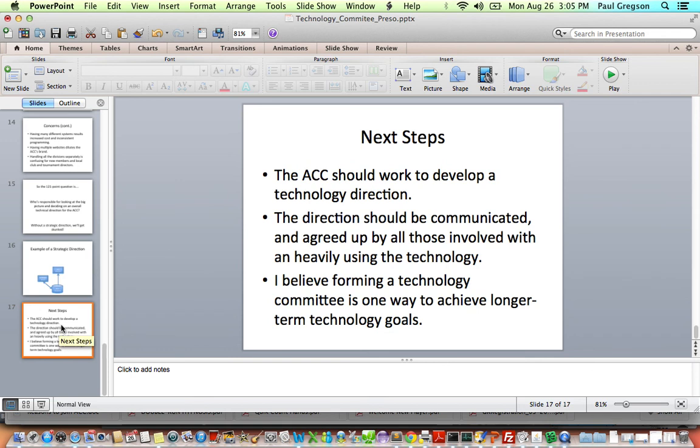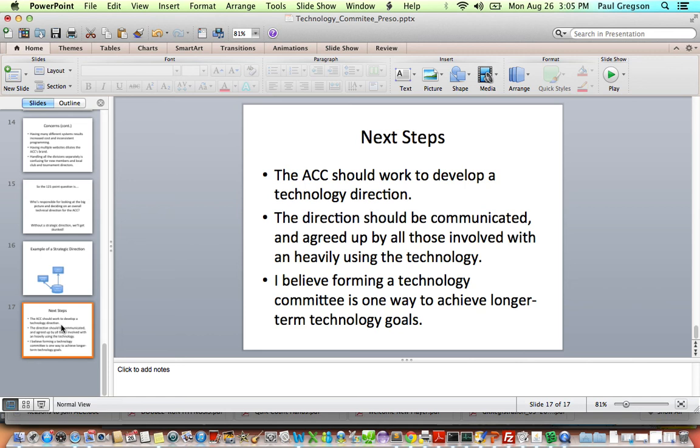a next step is working towards developing what that direction should actually be, and that direction should be communicated, made clear, and agreed upon by whomever has a stake in it. And so it's my belief that one way to get at that would be to form a technology committee.